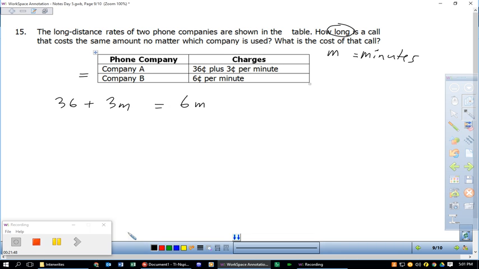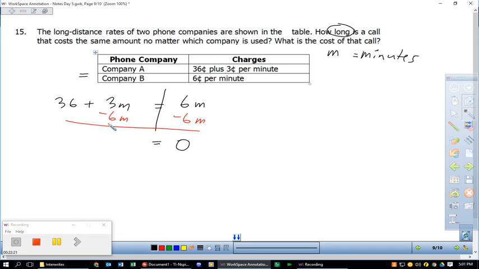Now, one thing to notice is that I left these as cents. That means when we get down to the cost, it's going to be in cents. I have this whole time been moving my variables to the left, so I'm not going to stop now. But this is going to be a little different. This is actually a place where you might want to subtract 3m instead, just so that you don't have some problems. But this actually will work. I'm going to subtract 6m from both sides. You just have to be very careful when you do that, because that's 0. I have to write that.